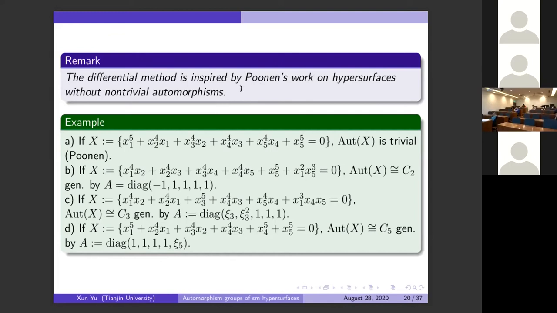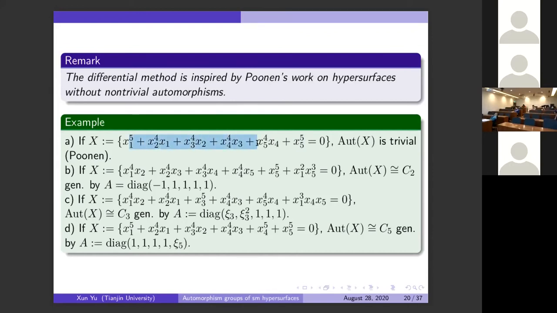So Poonen actually gave explicit, quite simple examples, like this. His formulation is more general, for any d and n, and characteristic free. We just take, in our case, the quintic over the complex numbers C.